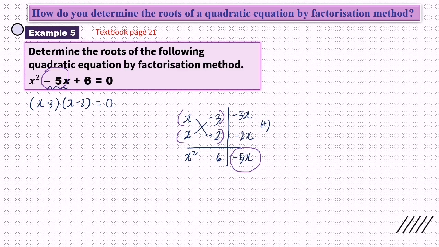Okay, so now s minus 3 equals 0, or s minus 2 equals 0.